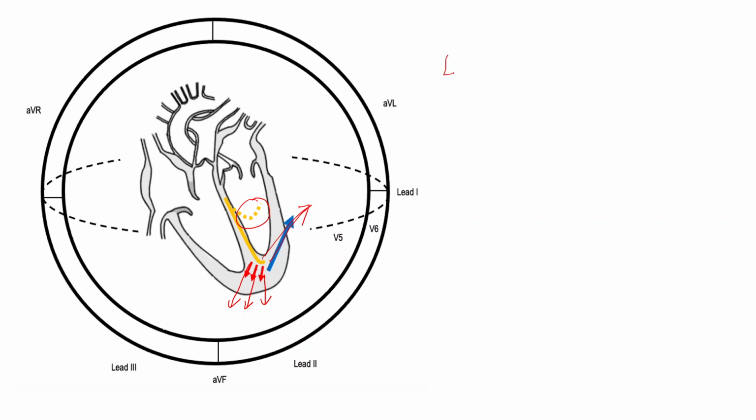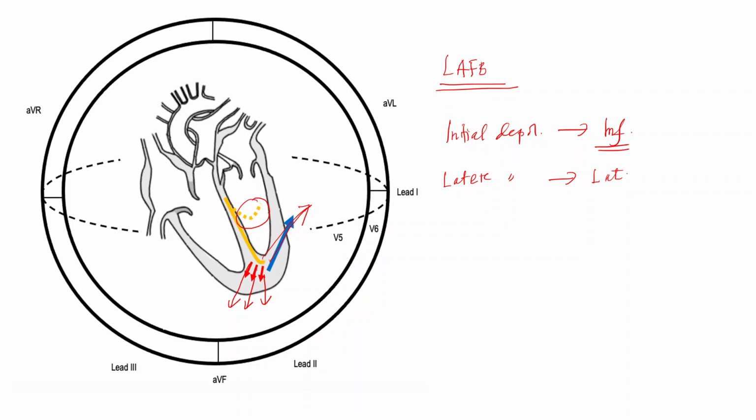So, in case of left anterior block, initial depolarization is happening towards the inferior direction, and later depolarization is happening towards the lateral side. Now, how will this be represented in the ECG?